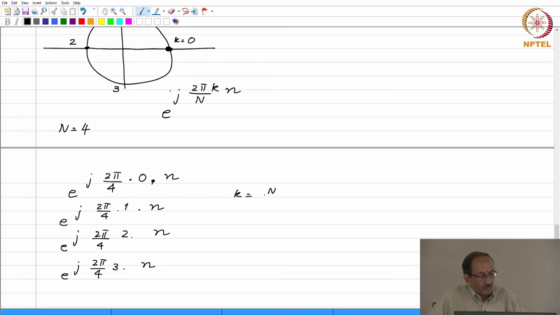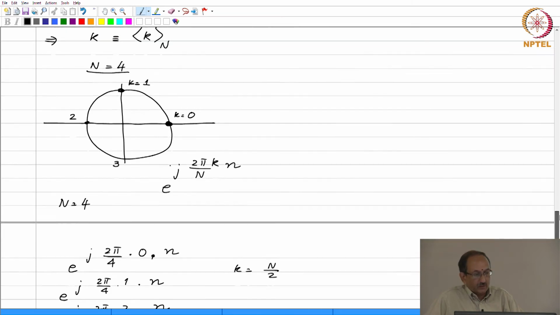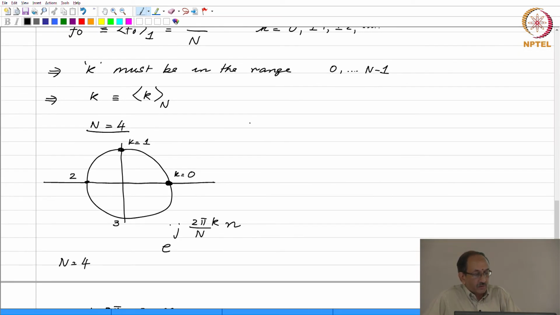Note that when k equal to N by 2, when N is even, then the frequency corresponding to that particular value of k is special. Remember we are looking at the set of complex exponentials e to the j 2 pi k by capital N times little n.